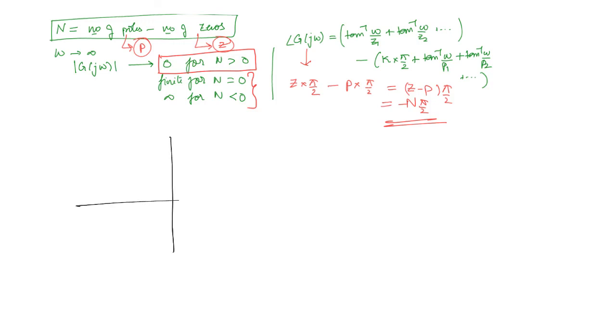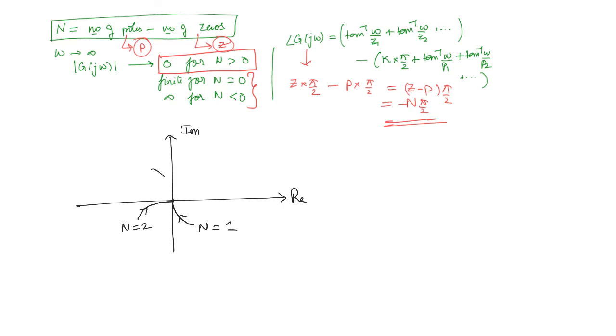So for n greater than 0, when n is equal to 1, what will be the phase? It will be minus pi by 2. That means the polar plot will be reaching the origin at an angle of minus pi by 2. This is the case for n equal to 1. What will happen when n is equal to 2? The phase will be minus pi. That means the plot will reach the origin at an angle of minus pi. And similarly for n equal to 3, the phase will be minus 3 pi by 2.